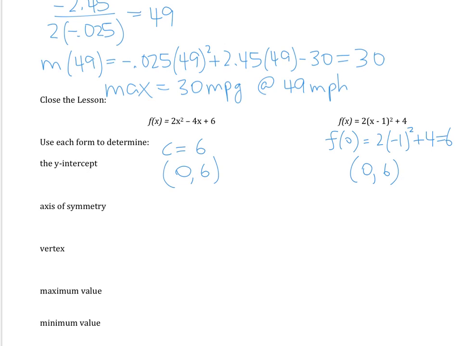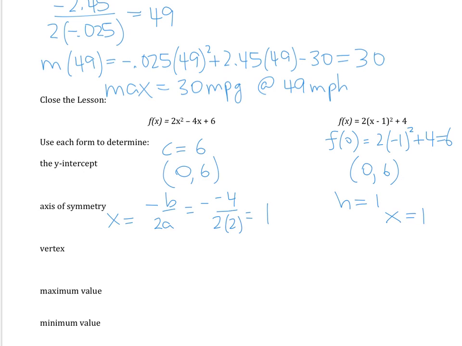Axis of symmetry is the opposite of b over 2a, which is the opposite of negative 4 over 2 times 2, which is 1. H in this case is 1, so this is x equals 1.